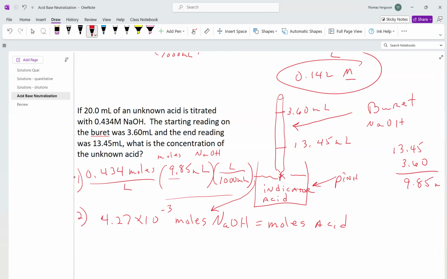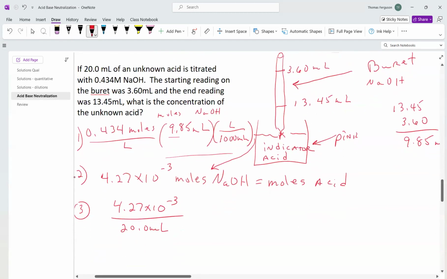And at the equivalence point, when it turns pink, it's also equal to moles of acid. Only at that time. It's just a split instant. Now we have moles of acid over 20 milliliters of water or volume. Now we need to convert that milliliters to liters.